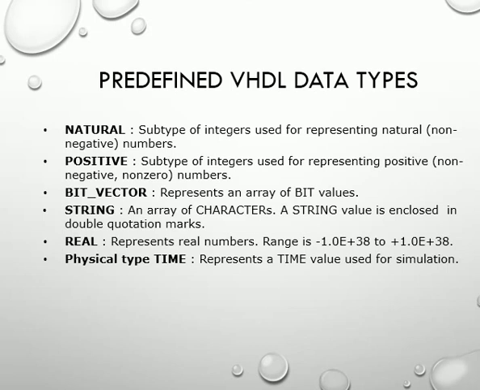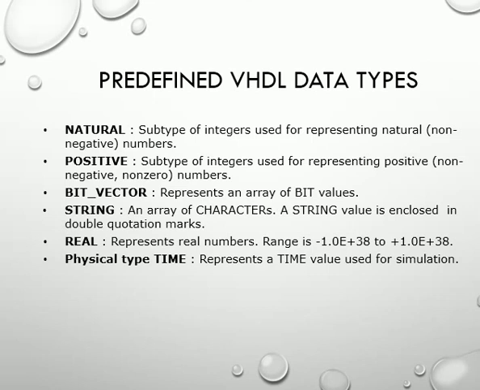Some more predefined VHDL data types are natural, which is a subtype of integers used for representing natural numbers. Then positive, a subtype of integers used for representing positive numbers. Then bit_vector, which represents an array of bit values. Then string, which is an array of characters.